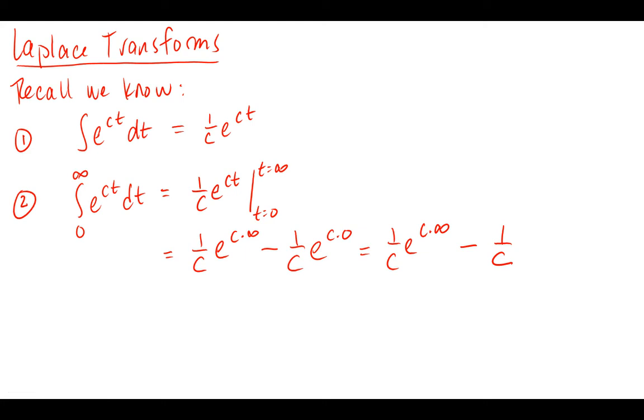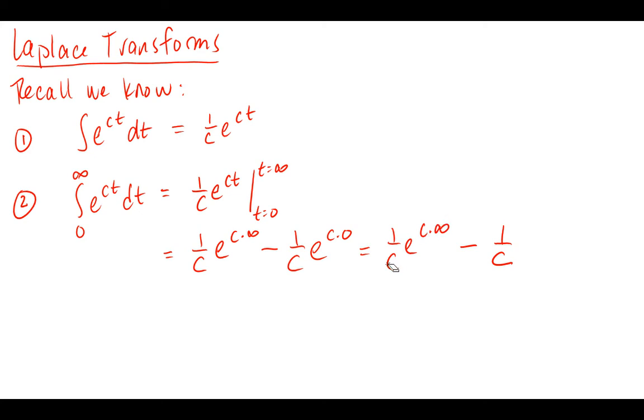So how much is this? Let's take the pin out now. If c turns out to be positive right here, then infinity times a positive number is just infinity. And e to the infinity is super infinity, and dividing by c, who cares? So this is going to be very big if c is positive.